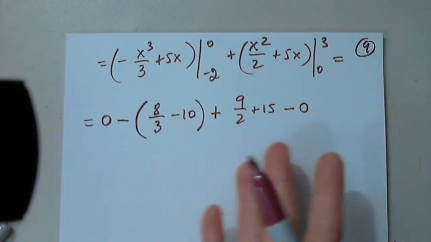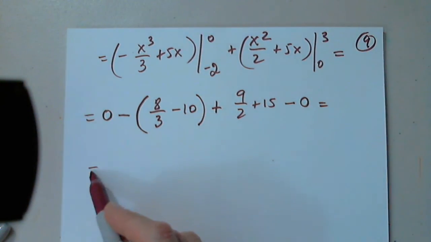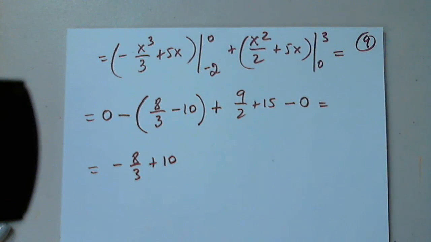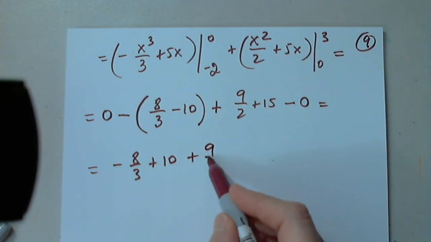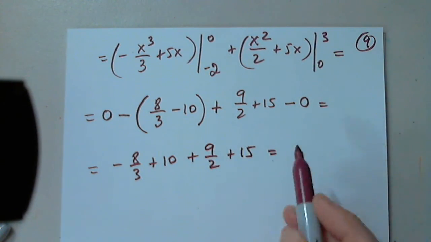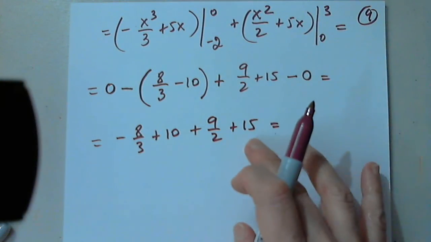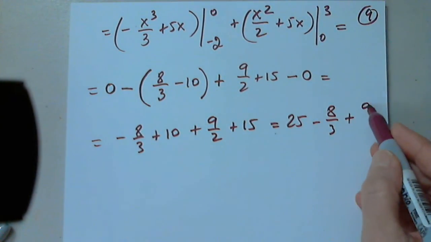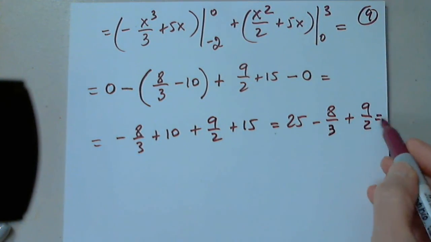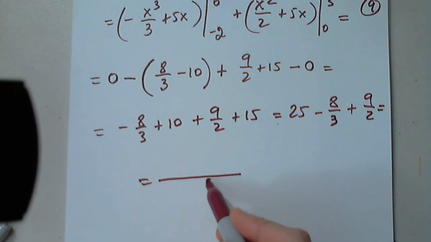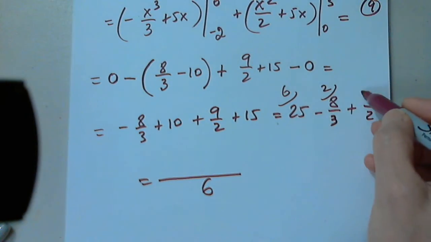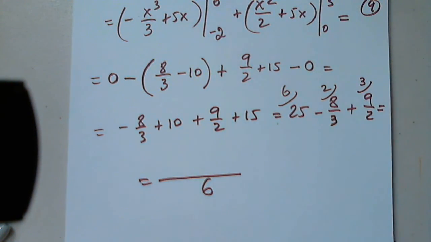And sorry, now I have to perform these calculations. So I have negative 8/3 and plus 10 and plus 9/2 and plus 15. 15 plus 10, 25 minus 8/3 plus 9/2. I know that the least common denominator is 6. This one needs a 6, this one needs a 2, and this one needs a 3.